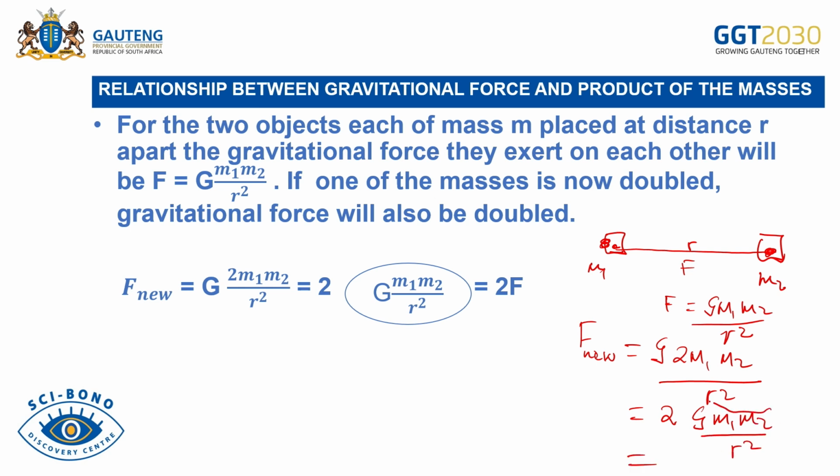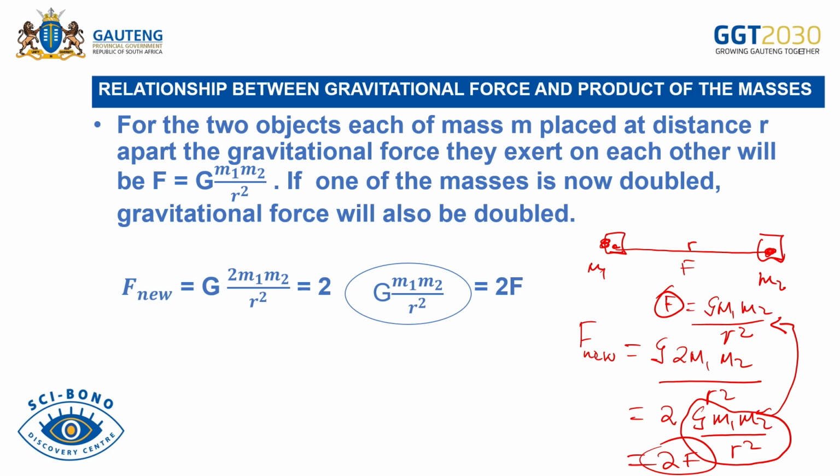But remember, this is F. Hence here I will just say 2F. So if one of the masses is doubled, the product of the masses is doubled, what will happen to F? F is also going to be doubled. Why is that the case? It's because F and the product of the masses are directly proportional.